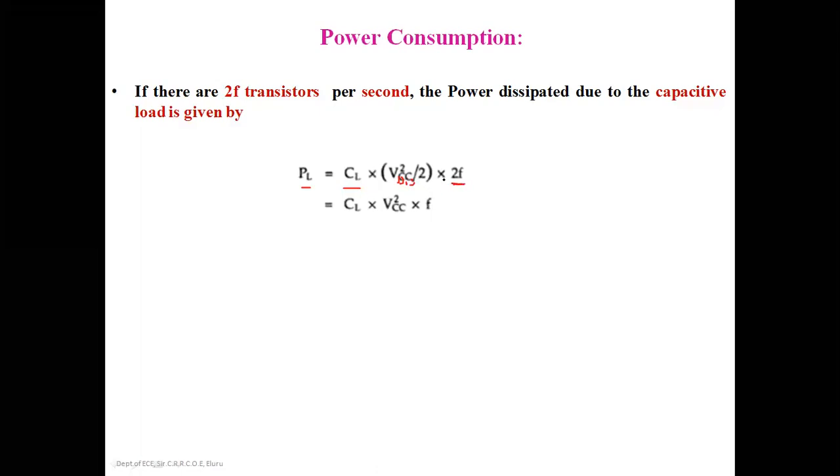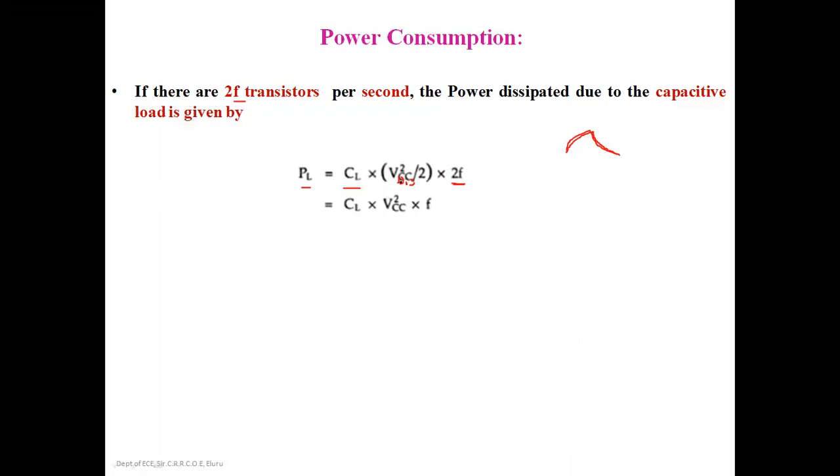Because the number of transitions per second is 2F, for the P channel and N channel. And here it is the average of the charging voltage. One is for transient charging and the second one is transient discharging. The average of the two gives us the voltage of the capacitive load.